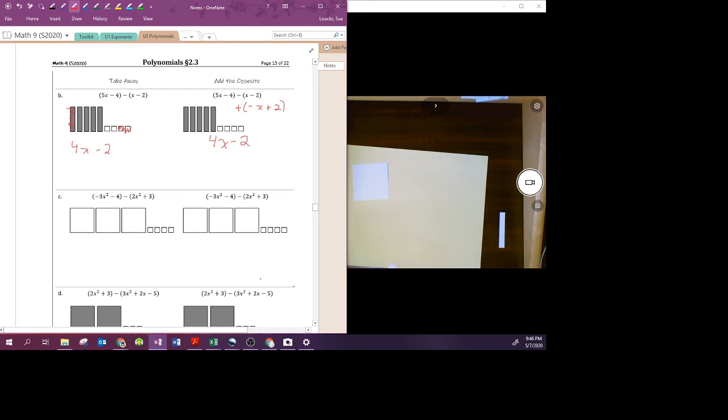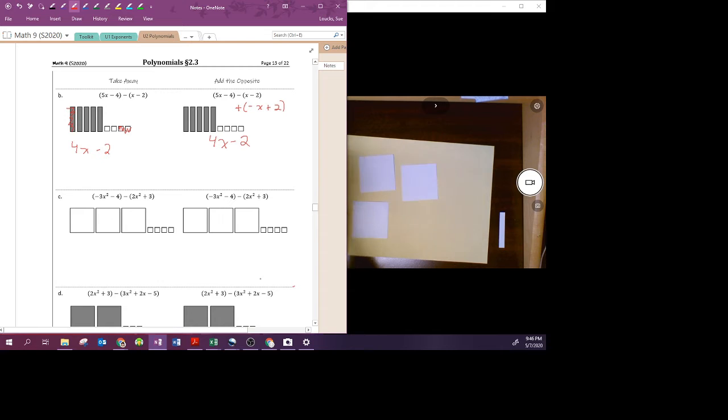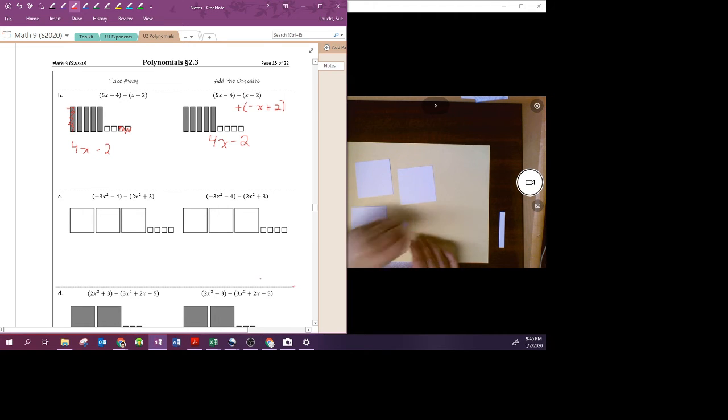So there's 1, 2, 3 x squareds minus 4. So 4 little white ones, 1, 2, 3, 4. And I want to take away 2x squareds plus 3. Well, I don't have 2x squareds plus 3.